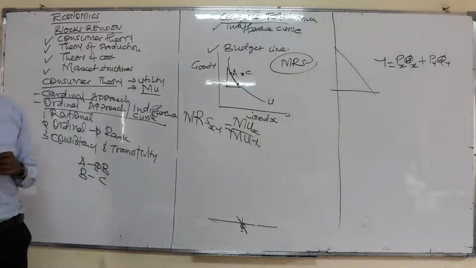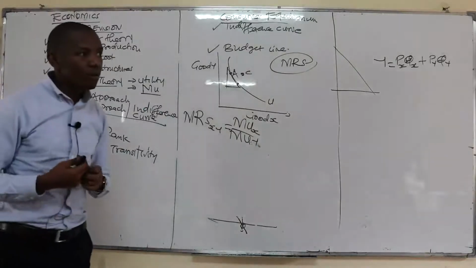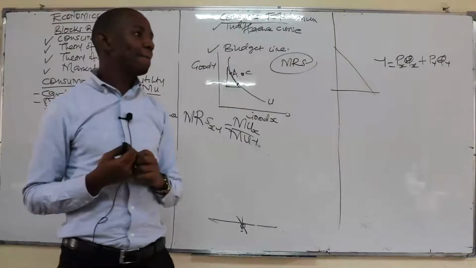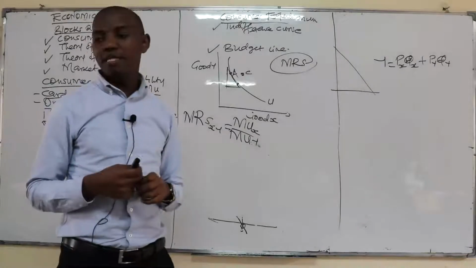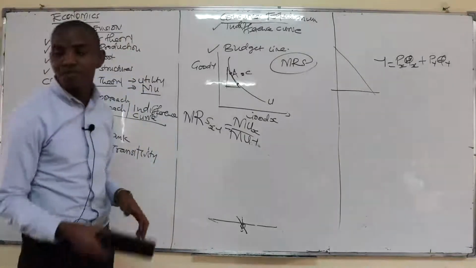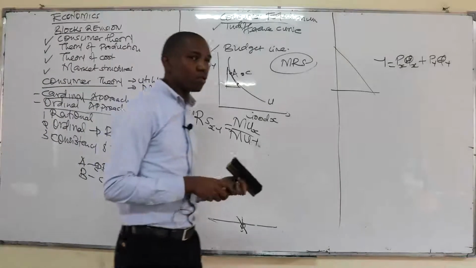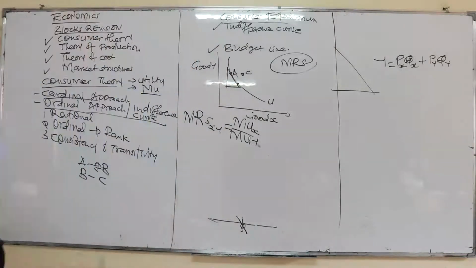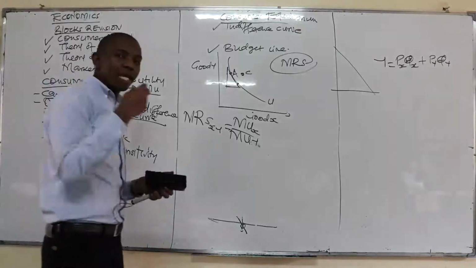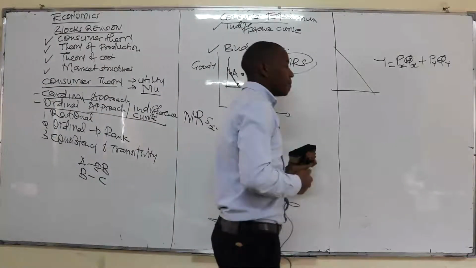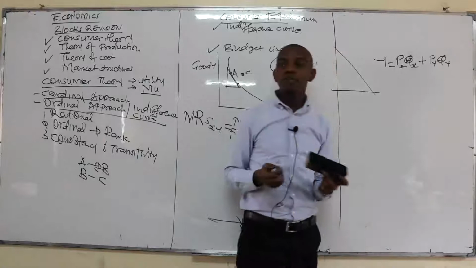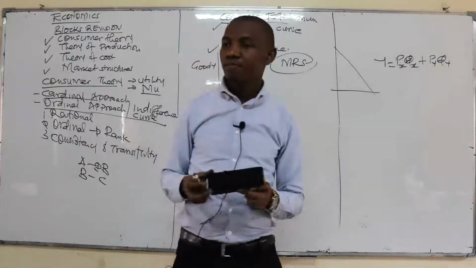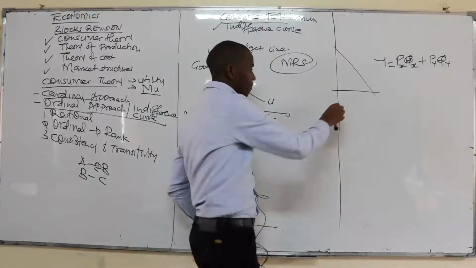One of the conditions is that the marginal rate of substitution should always be equal to the ratio of the commodity prices. The marginal rate of substitution should be equal to the ratio of the commodity prices. This is what we mean.